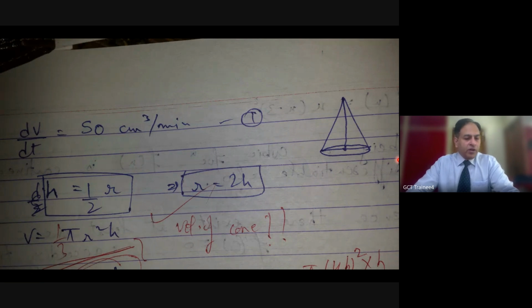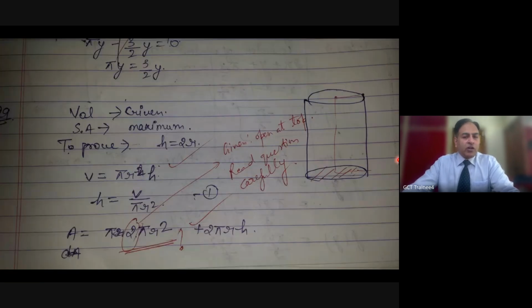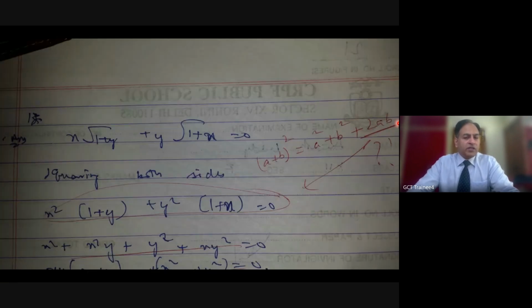So in mensuration formulas, if it is open at top, read the question carefully. It was open at top. If the first step is wrong, the whole answer will be wrong. So it is always advisable to talk about such things. Squaring and forgetting about 2ab is also a common mistake, maybe made by your students as well.